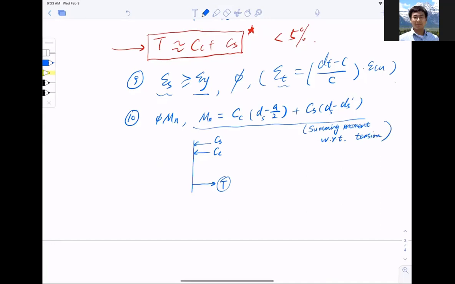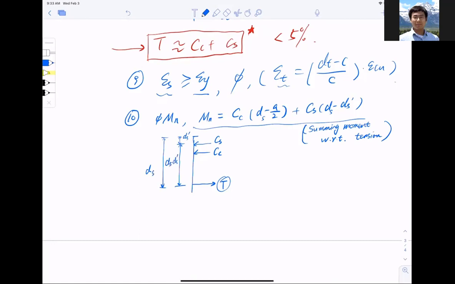Why? Because I eliminate one additional term. The distance between Cs and T: this is d, this is the top fiber, and this is ds prime. So the distance between Cs and T is ds minus ds prime.